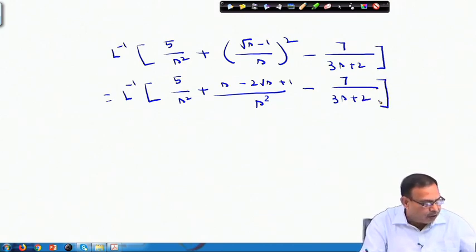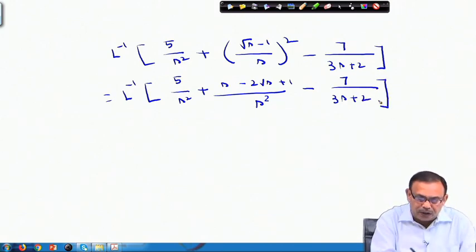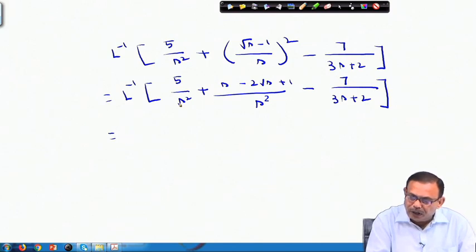Once I am writing this, now I can break it into parts: 5 by s square is there, another one will be s square.